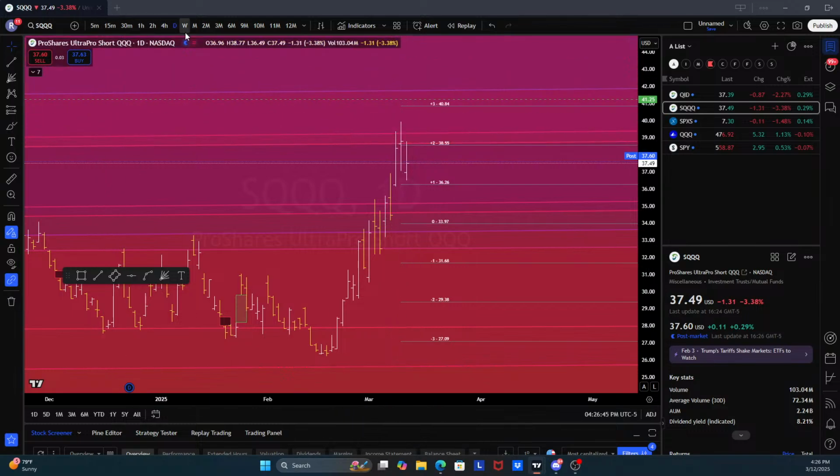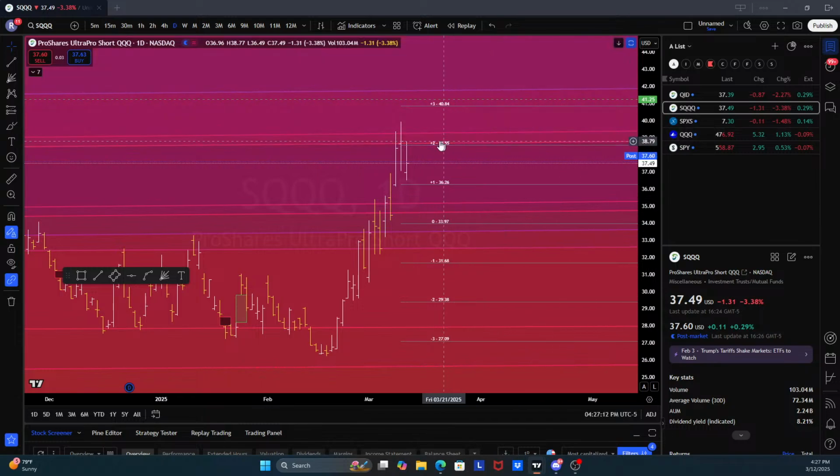But as of right now, if we look at SQQ, here's a big area between 35 and 38. This big area can cover a lot of ground on your regular QQQ or NDX NQ price action.